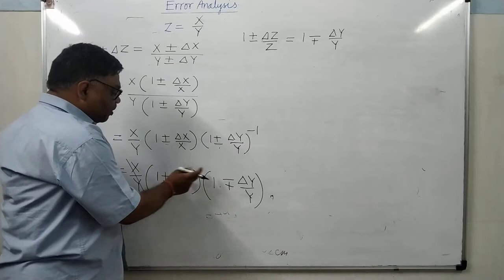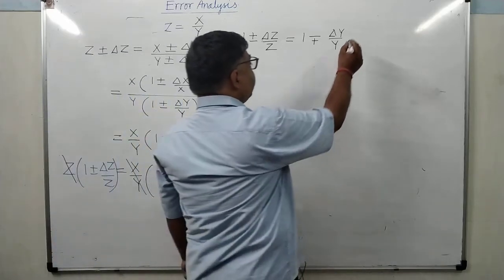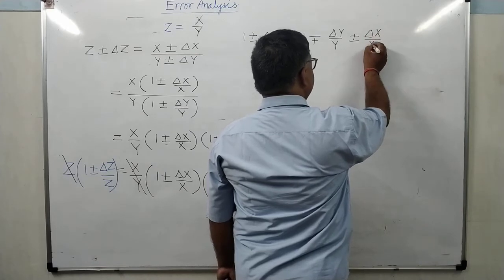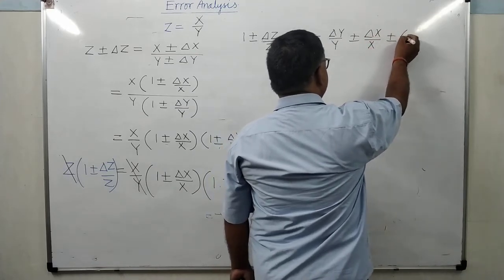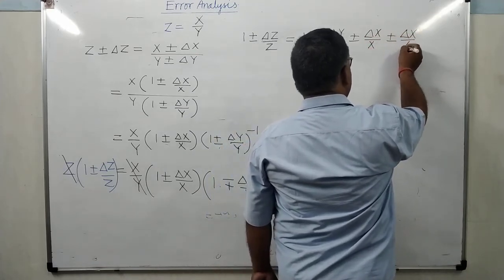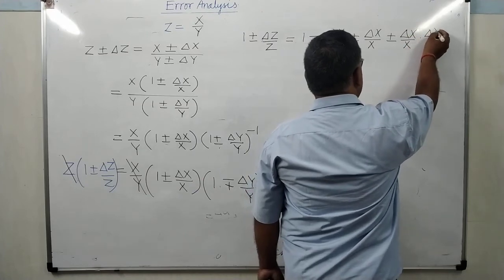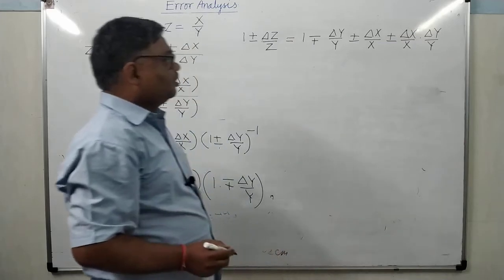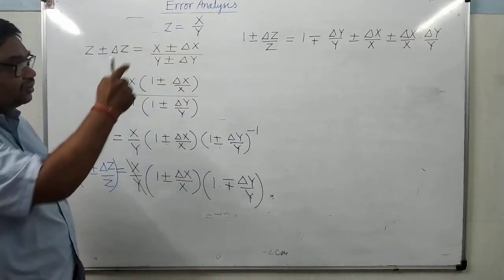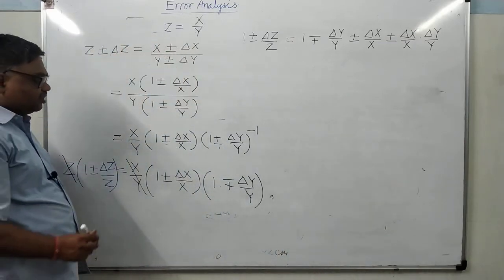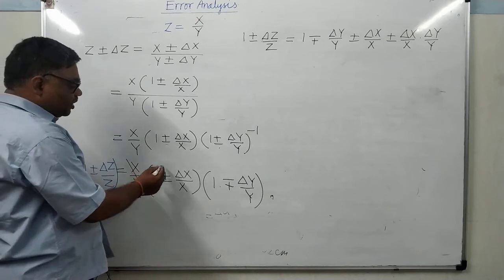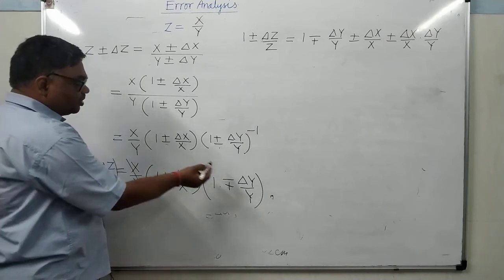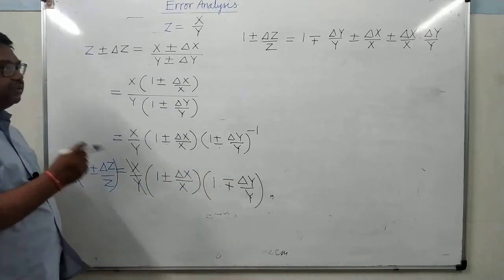Then it will be multiplied with this, so it will be plus minus delta x upon x, plus minus delta x upon x into delta y upon y. It's clear. Here that last term we will write as plus minus, because it is possible that its sign is plus and the other's is minus, or it is plus and the other's is also plus, so any sign is possible.